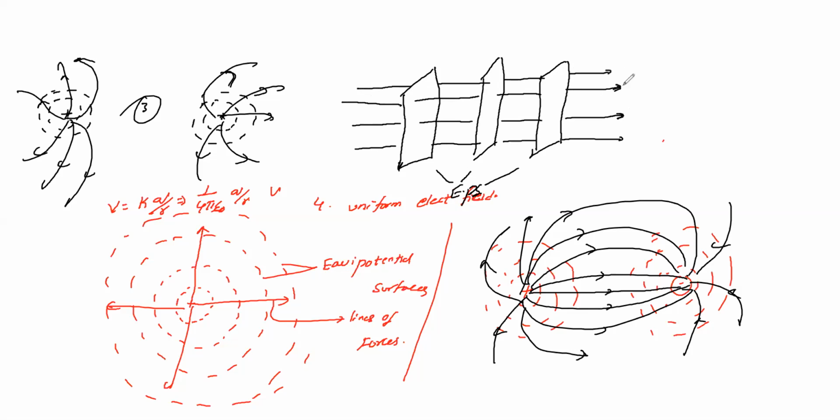All three are equipotential surfaces, and these lines are your electric field. All electric field lines are normal to the surfaces. These are the four different cases of equipotential surfaces for various charges.